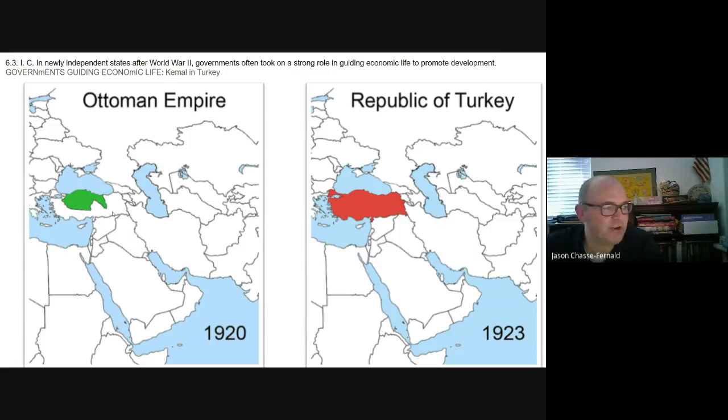The Kurds are an ethnic minority group that exists within the Ottoman Empire, a little northern Syria, northern Iraq. They were not given a state. For various reasons, which we can talk about with Sykes-Picot later, the Kurds live within the borders of other countries, and it's still an issue today.